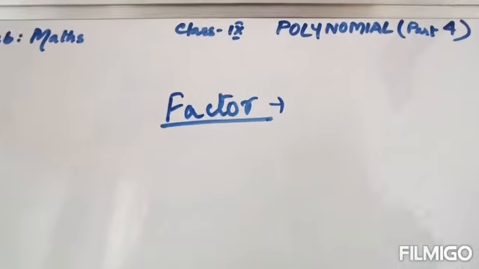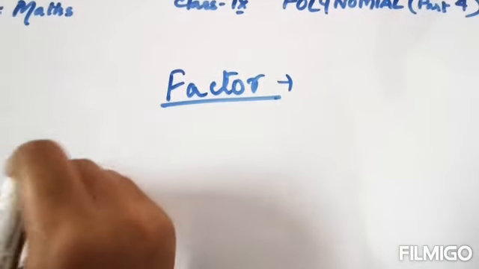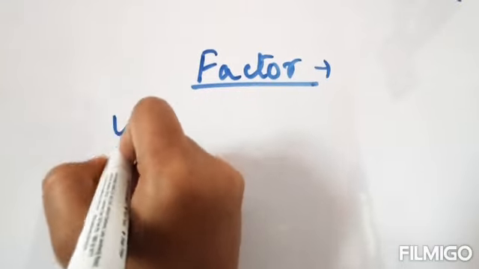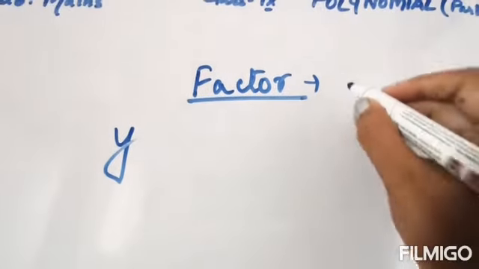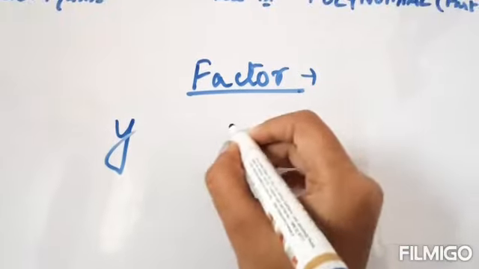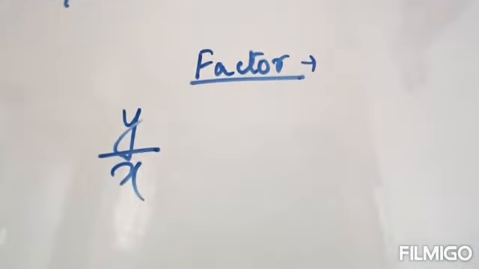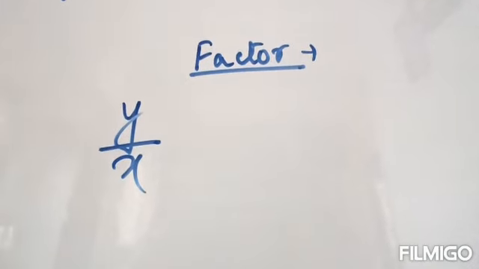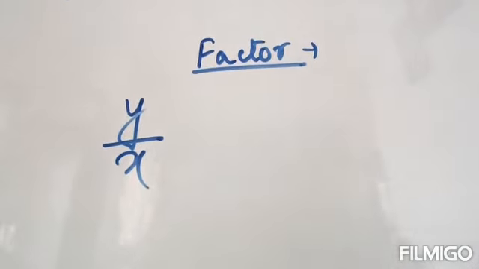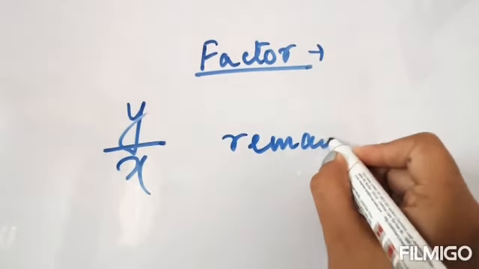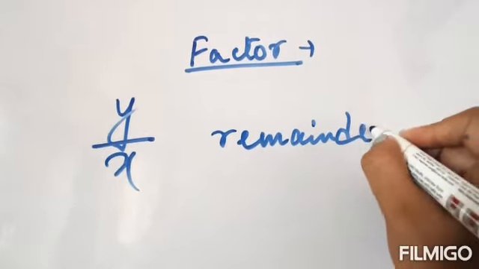Now let's identify what a factor is first. If I say a number y, and if I divide y by x, I'll get some quotient.